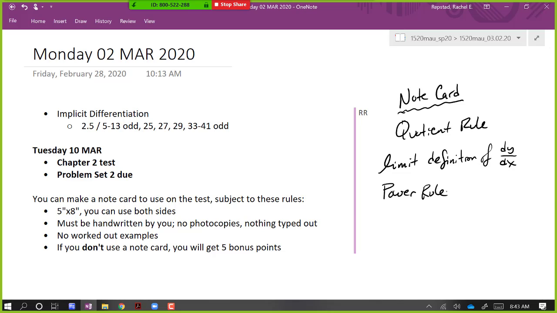Chain rule. Implicit differentiation, yeah.